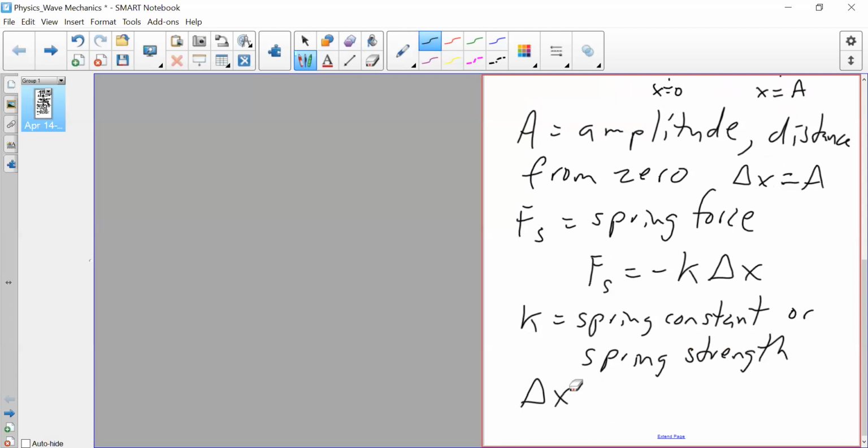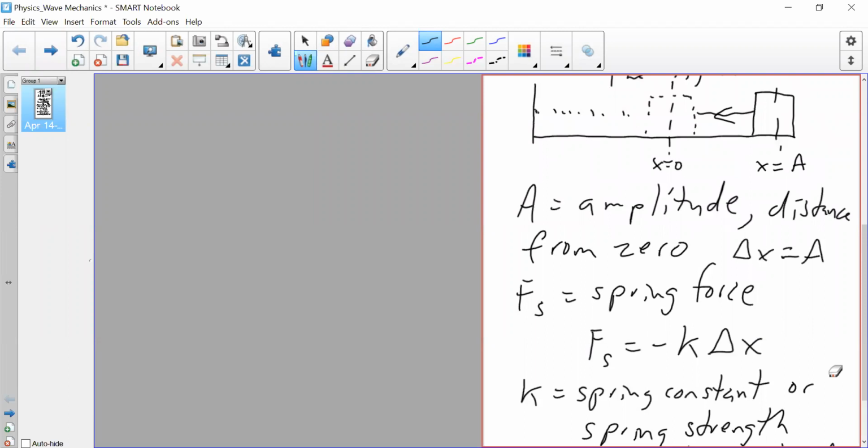Delta X is the displacement from 0. So you had x equals 0 first, and you go to x equals, say, 2. 2 minus 0 is your delta X. Displacement, which is the same as your amplitude A.